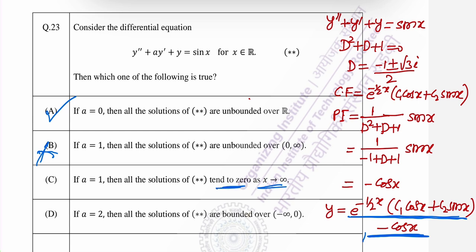It is false, because if you tend x to infinity, this part, which I show you in green, will be 0, but the other part will not be 0. It is bounded, but it will not be 0. So our option C is wrong.